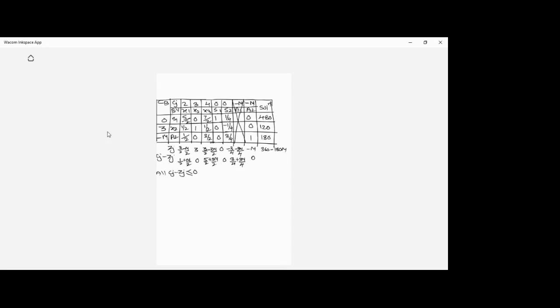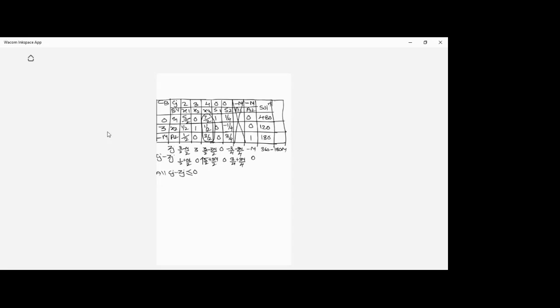So if you put 1000 in place of m at every place, you'll be getting some values, and amongst these the maximum value comes out for this variable, which is your x3 variable, right? So x3 will be your key column, and you'll have to find out the key row with the help of the ratio column, right?